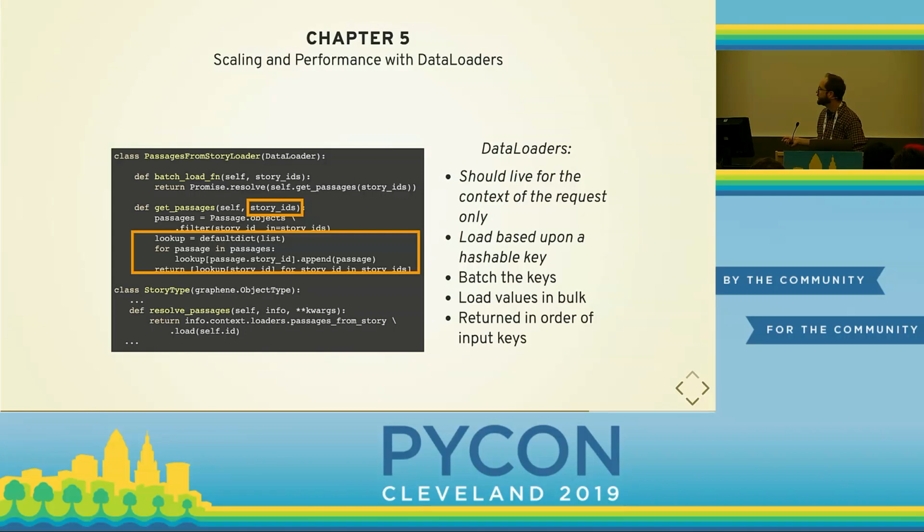That's what this little flippy bit over here does. It basically takes these results, the passages, and returns them in the order of these story IDs. Then DataLoader will take care of ensuring that everybody who needs a particular story ID gets what they asked for.